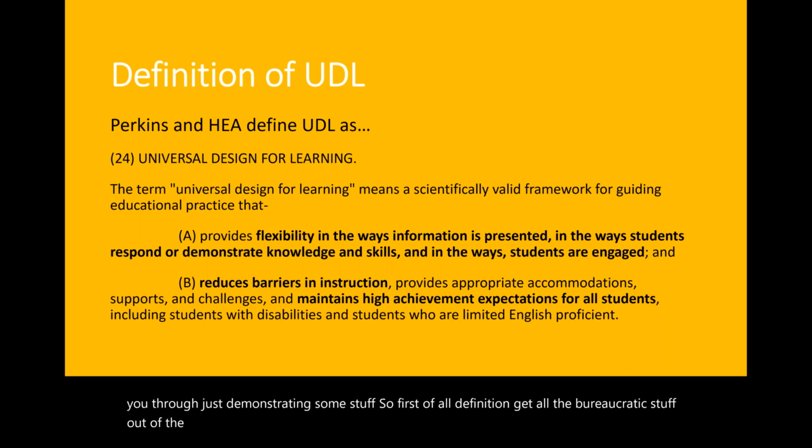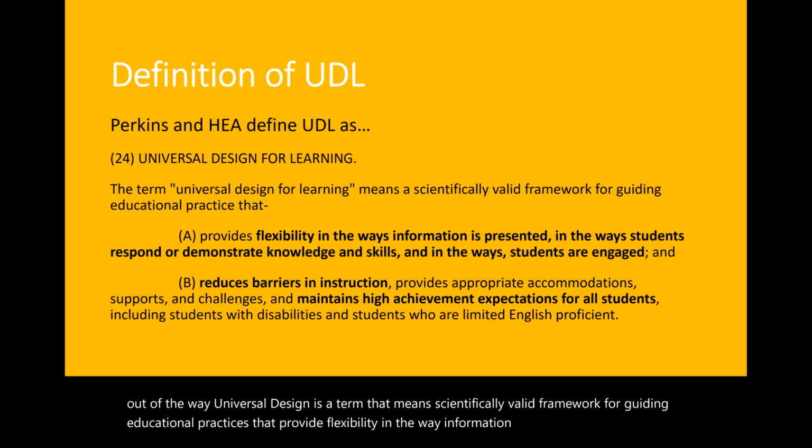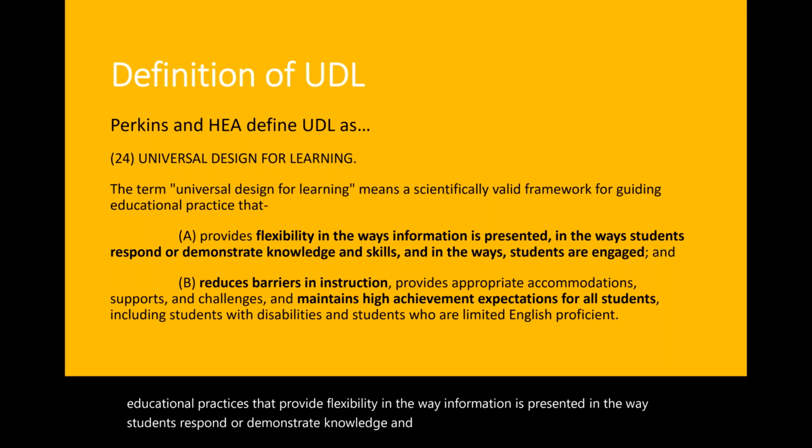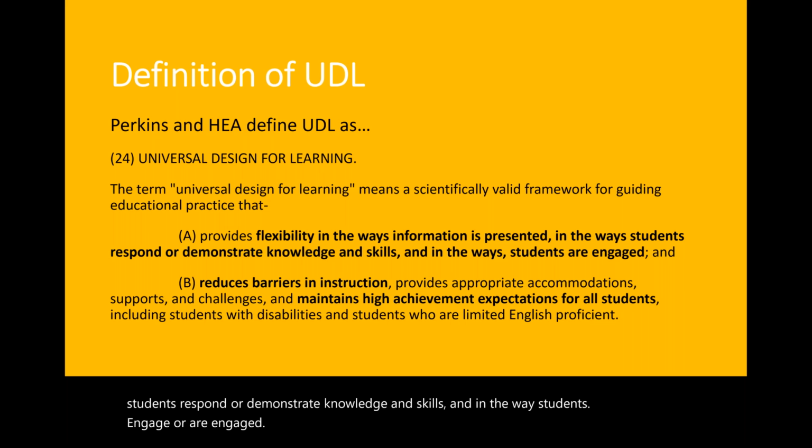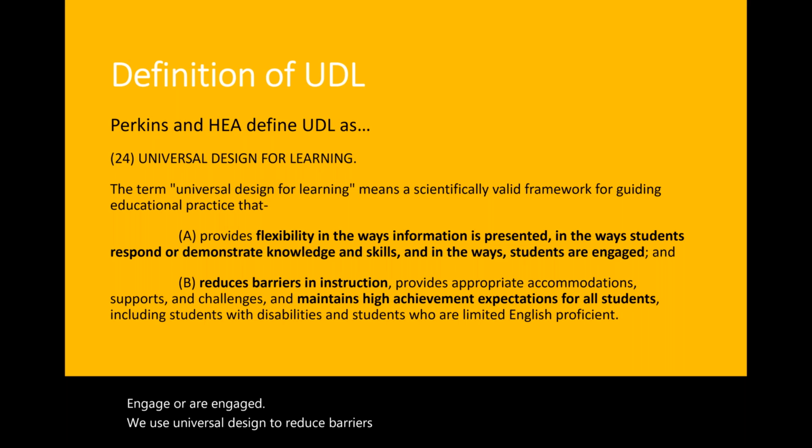Universal design is a term that means scientifically valid framework for guiding educational practices that provide flexibility in the way information is presented, in the way students respond or demonstrate knowledge and skills, and in the way students engage or are engaged. We use universal design to reduce barriers in instruction, provide appropriate accommodations, supports, and challenges, and maintain high achievement expectations for all students.